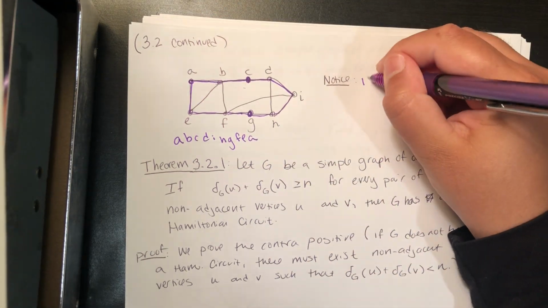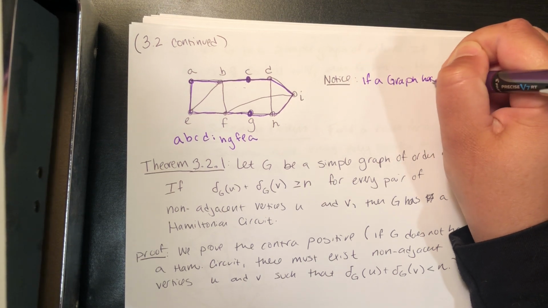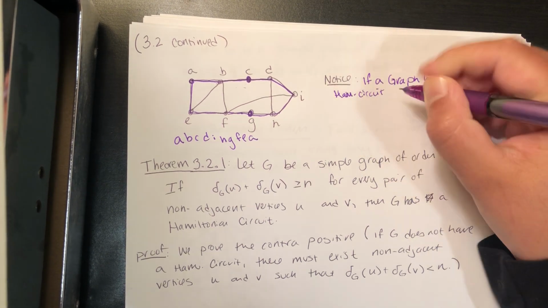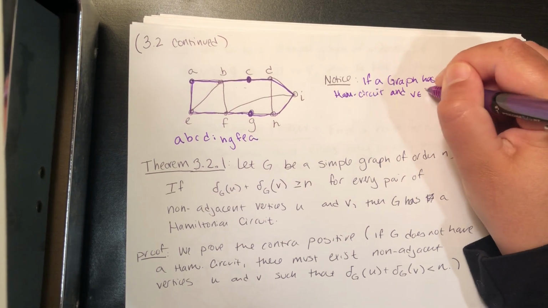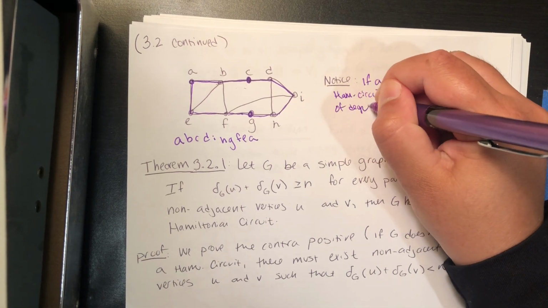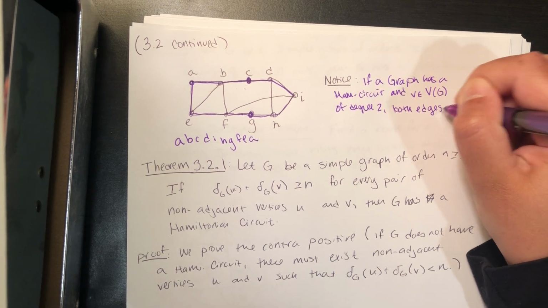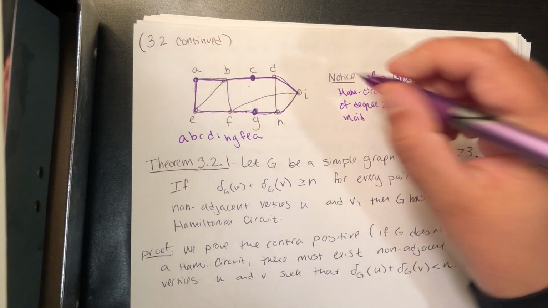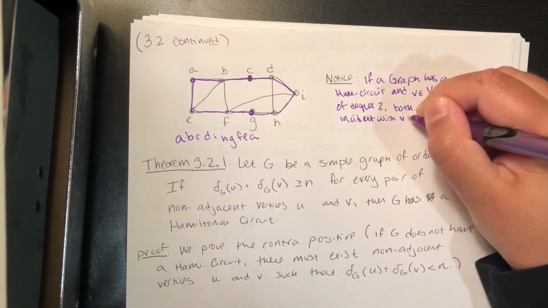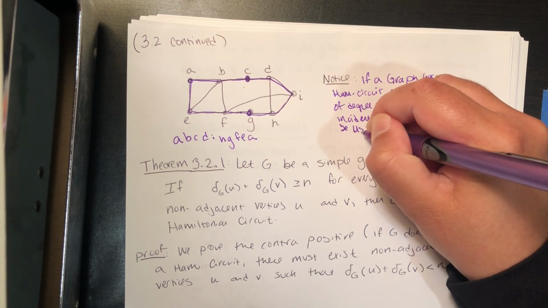Okay, so if a graph has a Hamiltonian circuit, and if V is a vertex of the graph of degree 2, both edges that are incident with V, both that are coming out of V, must be used in any Hamiltonian circuit.